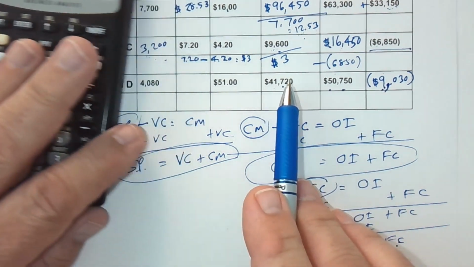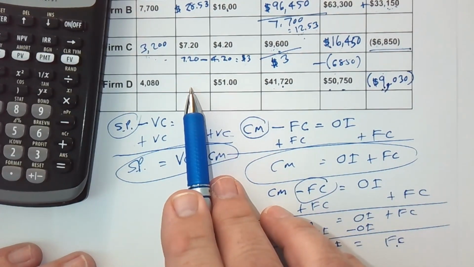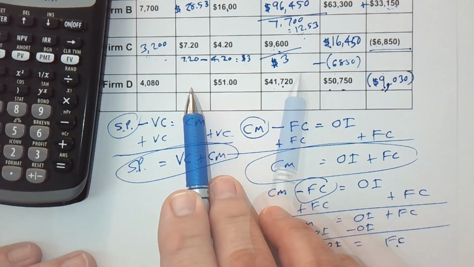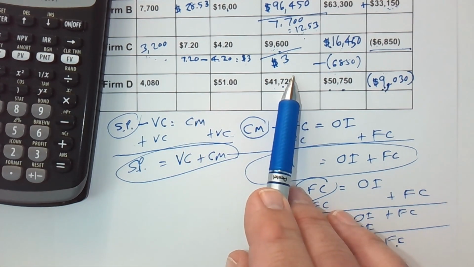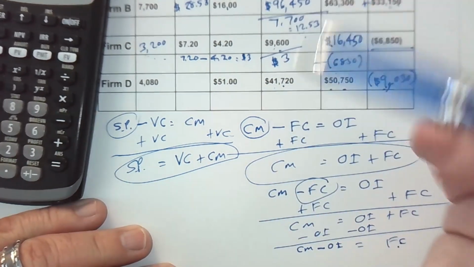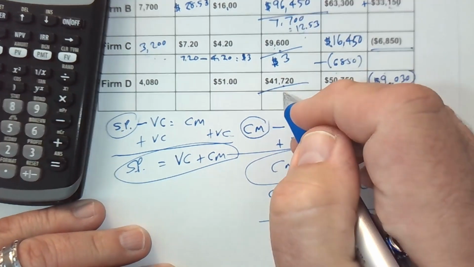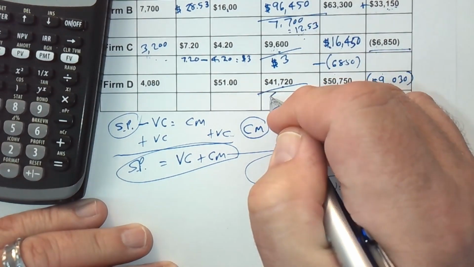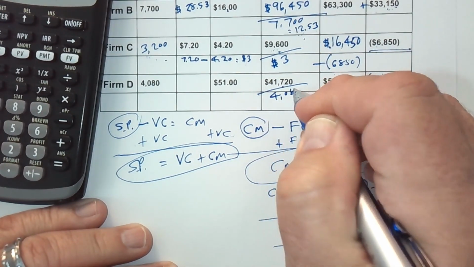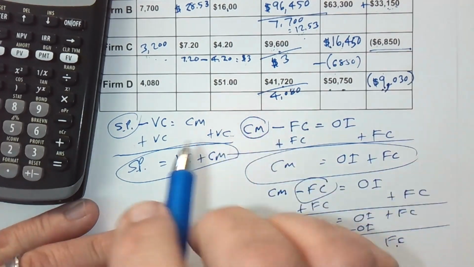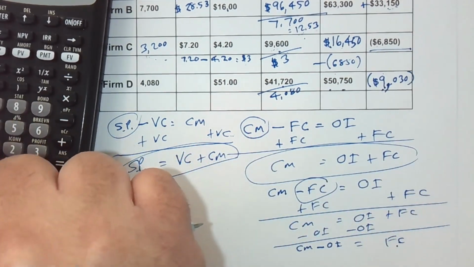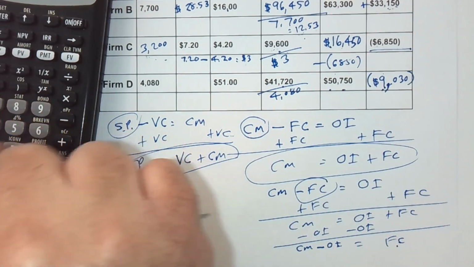The only other thing we need to figure out then is our selling price. And our selling price we can figure out by taking our contribution margin and dividing it by the number of units sold to find out how much per unit is contributing toward that profit, or in this case loss. So we have 41,720.